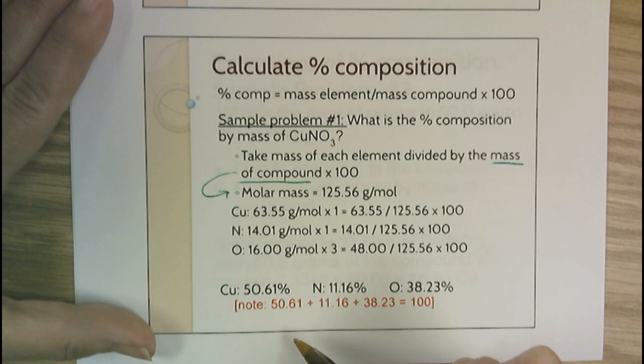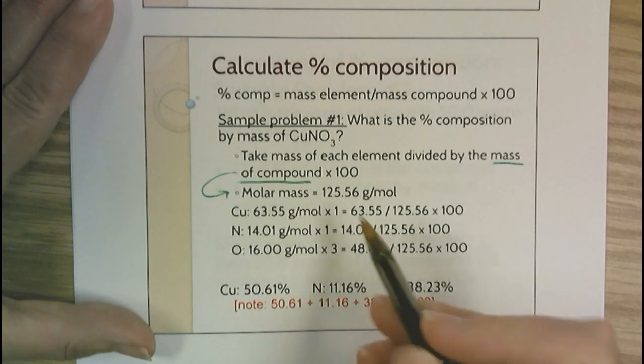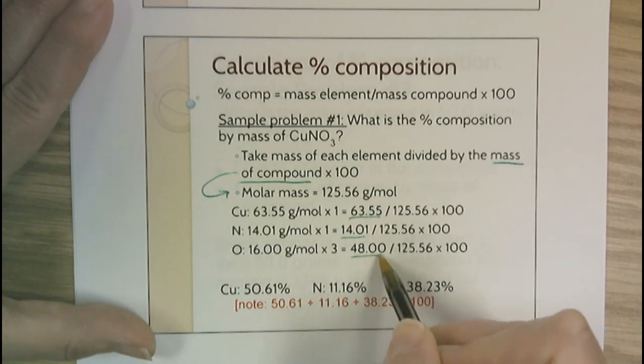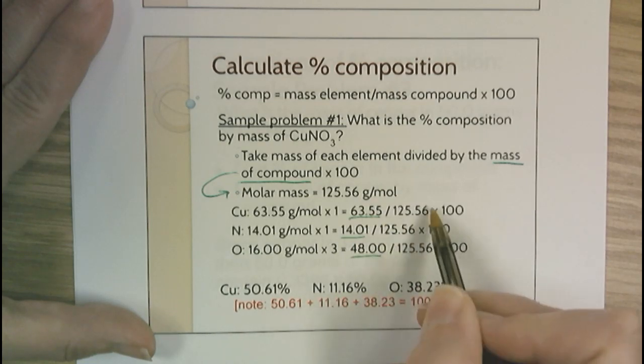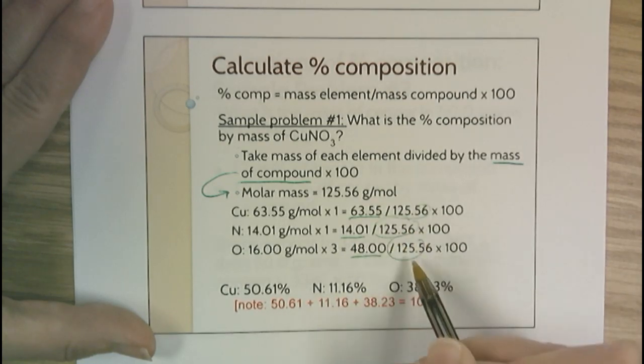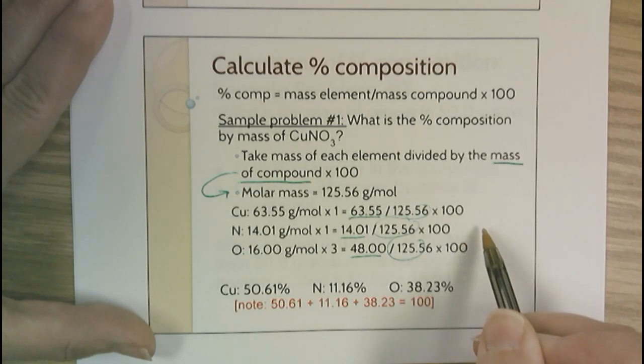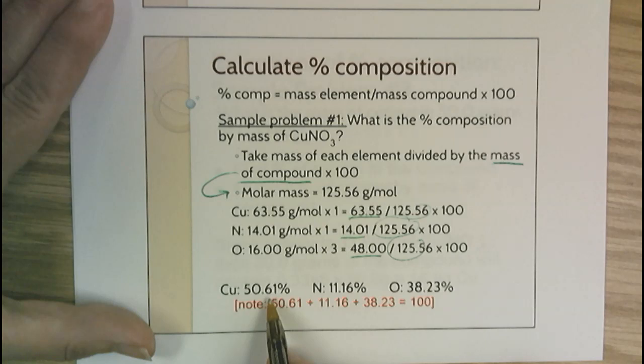So then to find the percent composition, you take the individual mass total for each element divided by the molar mass of the whole compound times 100, and you'll get a percent. So for this problem, you would get 50.61% copper, 11.16% nitrogen, and 38.23% oxygen. And if you add all those percents together, you should always get 100%.